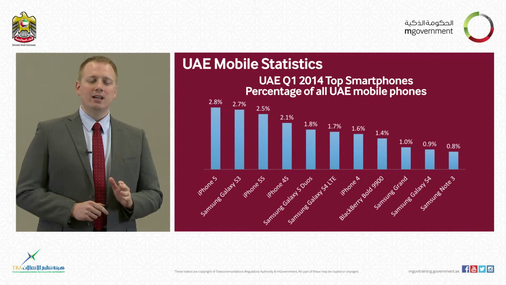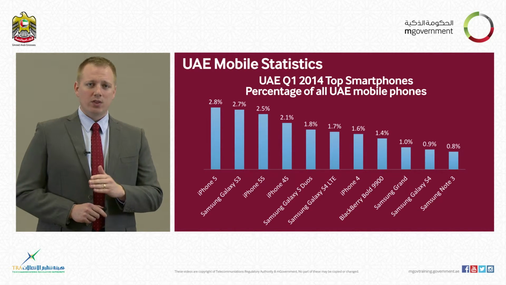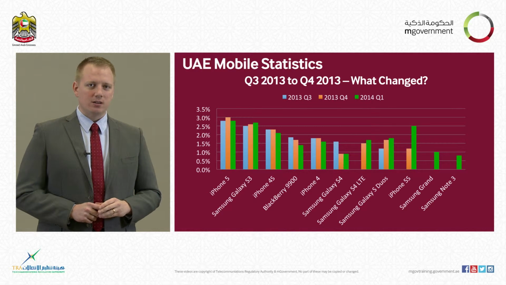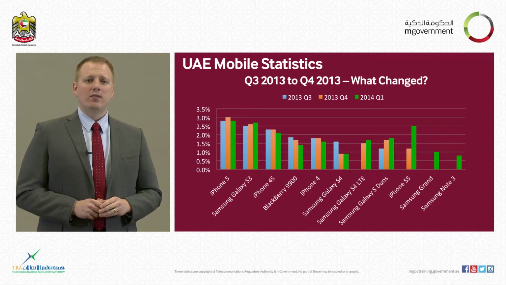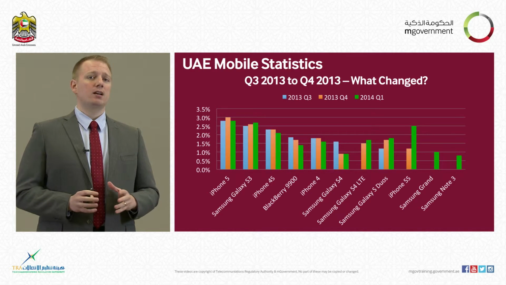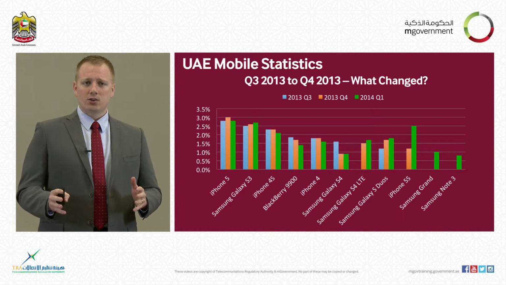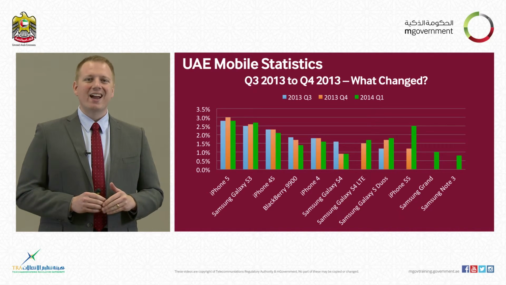And now suddenly, even though we still have in the top 3 2 iPhones and 1 Android, the 4S has been replaced with the 5S. In fact, if we look at this chart of how the phones have grown over the 3 quarters, the iPhone 5S stands out remarkably because since the fourth quarter of 2013 to the first quarter of 2014, the number of 5S devices in the market has more than doubled.